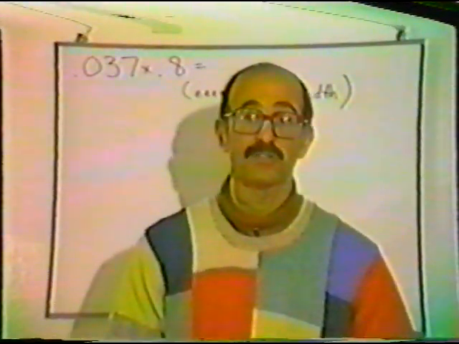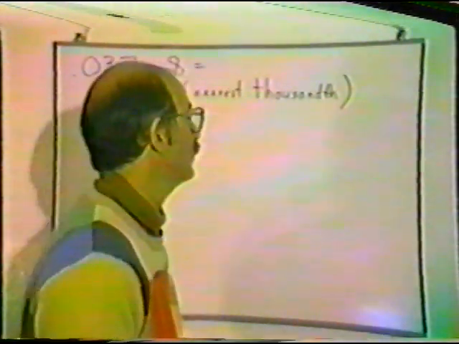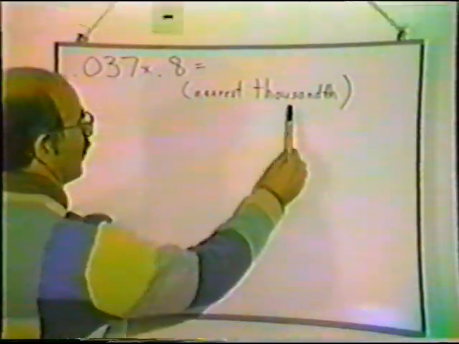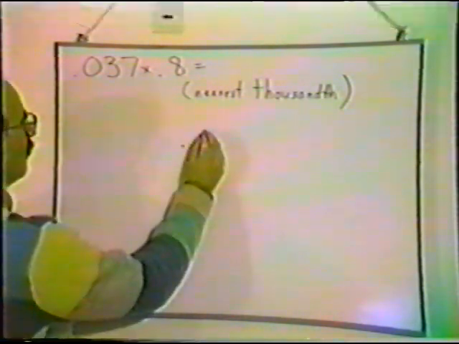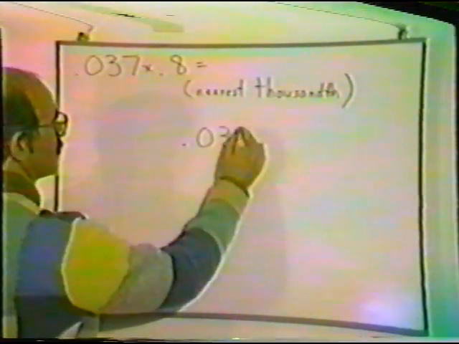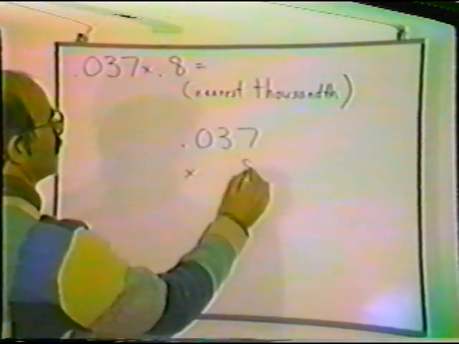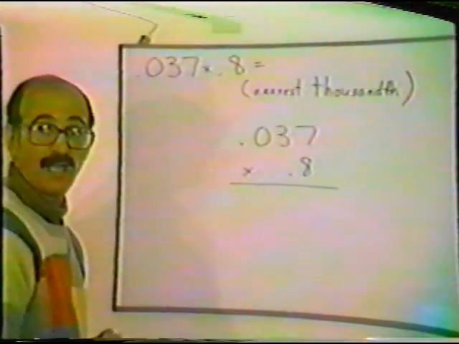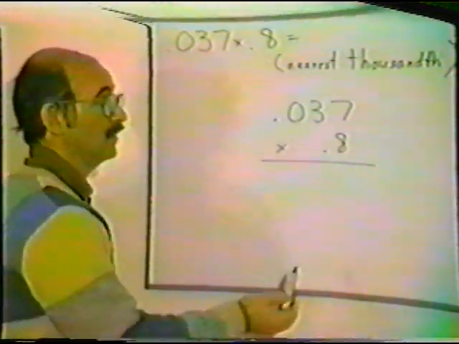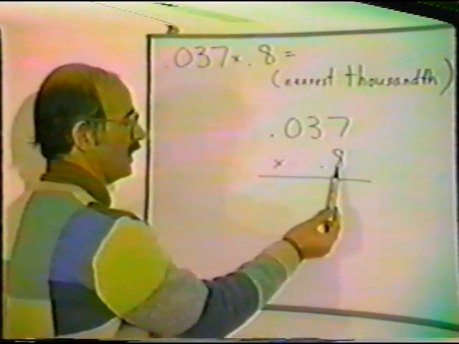Now we're going to multiply and then round off the answer to the nearest thousandth. 0.037 times 0.8. Now remember, when I multiply, the only numbers I'm going to look at are the 3, the 7, and the 8.